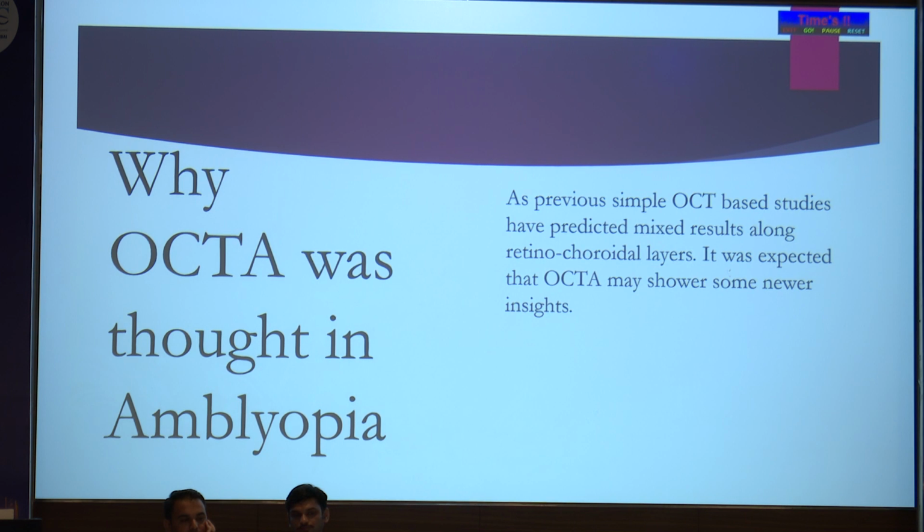It was not normal compared to a normal control. But then again, the values were not substantial enough. So we have also moved on to newer modalities like OCTA, using which we can actually trace the vasculature. So let's dive in.